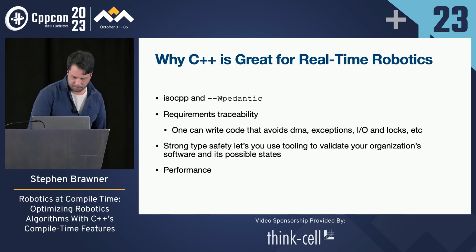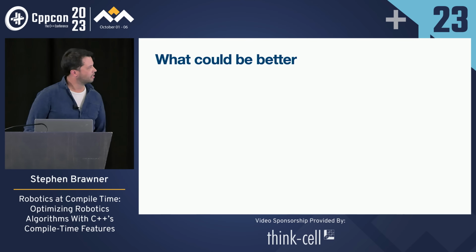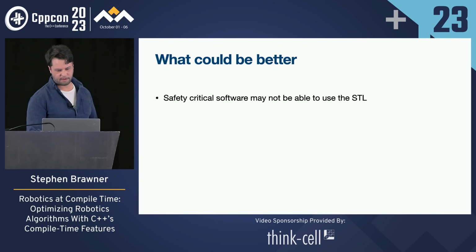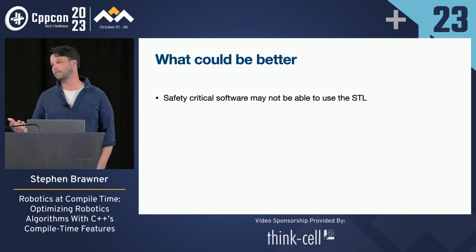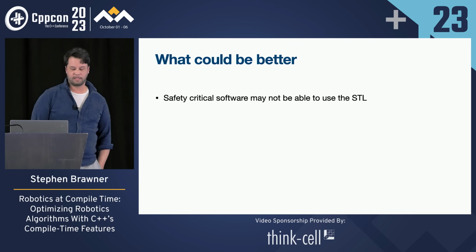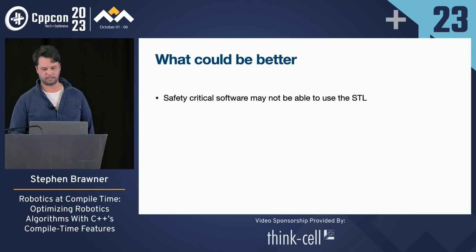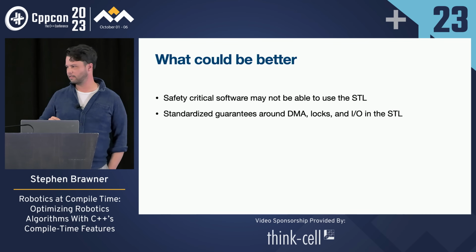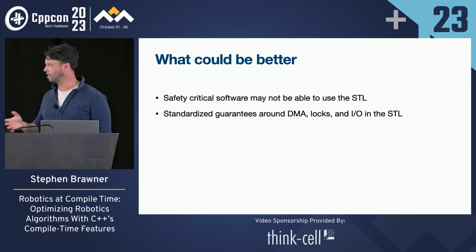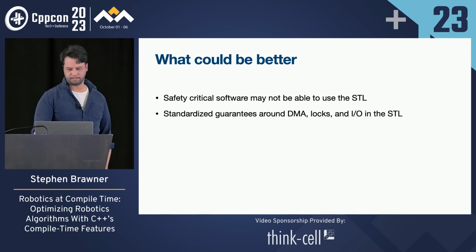There is one point where I would say we could do a little bit better with C++. I've noticed that several robotics companies will not use the STL in very safety critical situations, because it's perhaps a little bit underspecified. So if we had something that could standardize guarantees in the STL around dynamic memory allocation, locks and I/O, that would help.